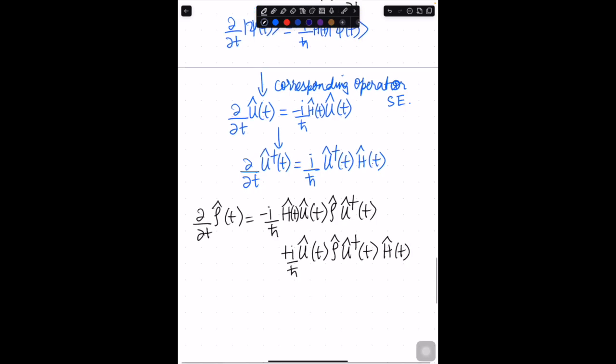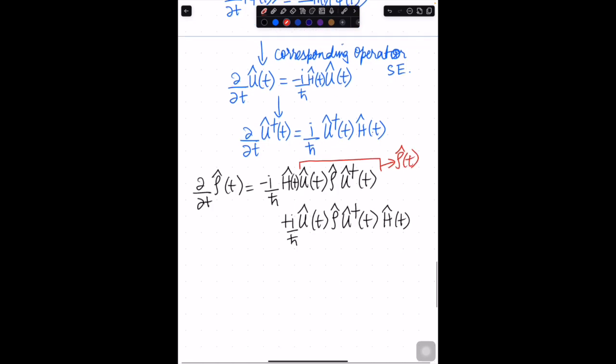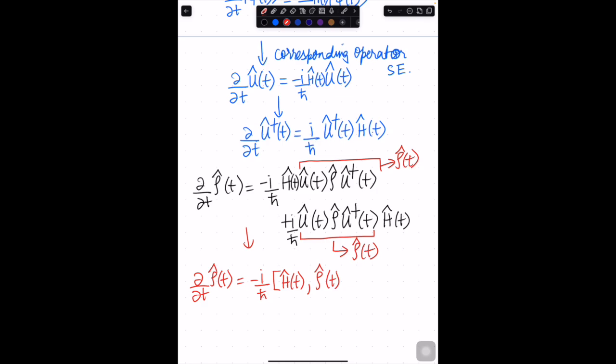Okay, so this term here is just rho hat t, and this term here is also rho hat t. So what do you get from here? Dou over dou t, rho hat t is equal to minus i over h bar, the commutator of the Hamiltonian with the density operator.